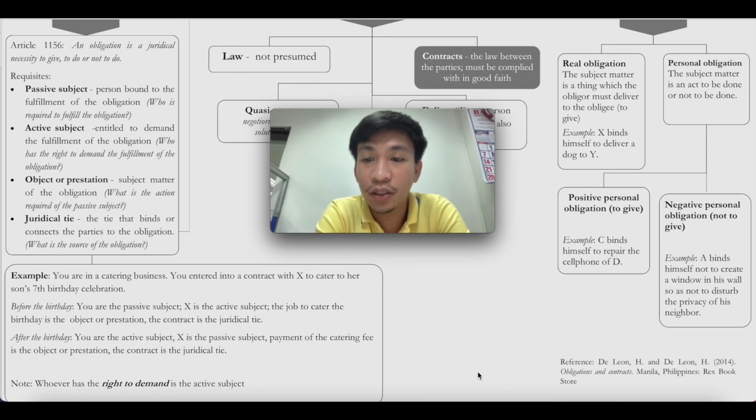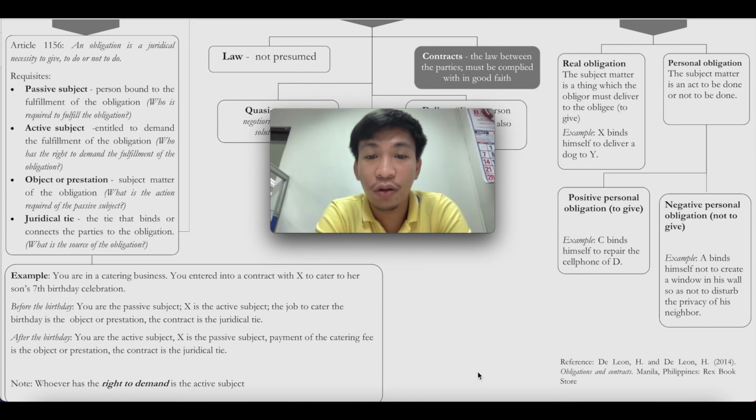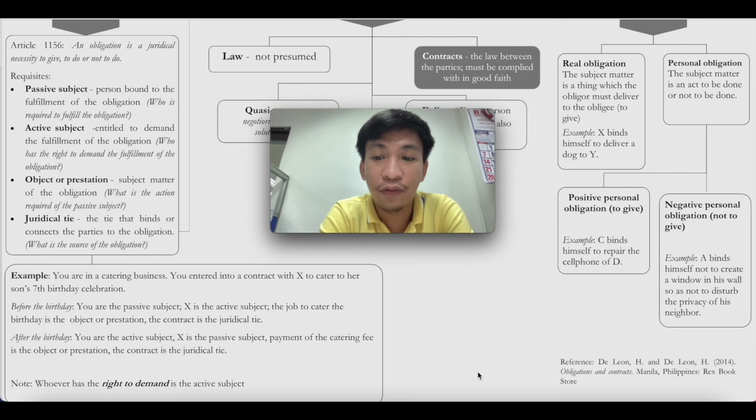So here in positive personal obligation, the object or prestation of the obligation is to do something. Example diyan ay C binds himself to repair the cell phone of D. So that is a positive personal obligation in the sense that the obligation is to do something, or in this case to repair the cell phone of D.